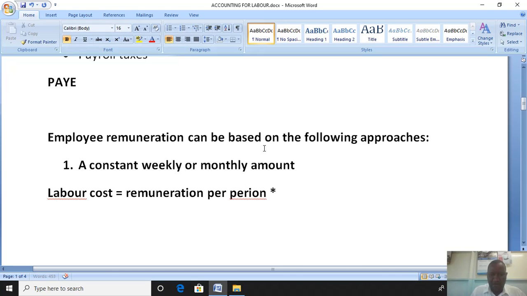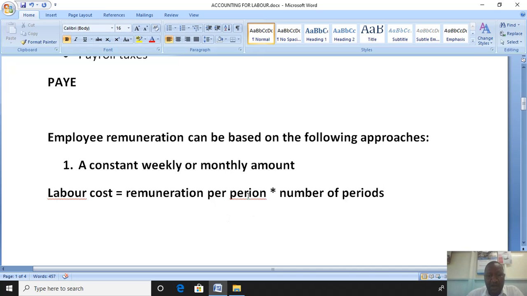multiplied by the number of periods. So that's how labor cost will be worked out. It's the remuneration per period multiplied by the number of periods.